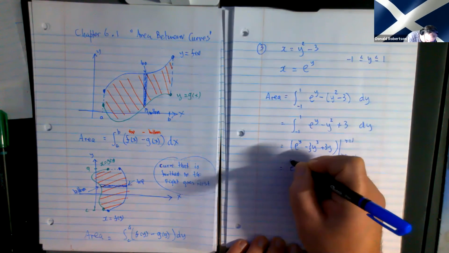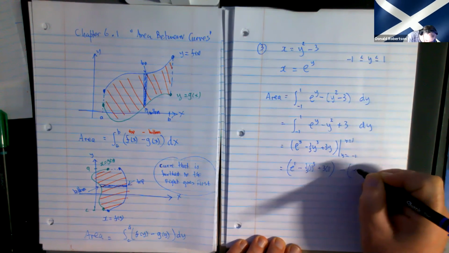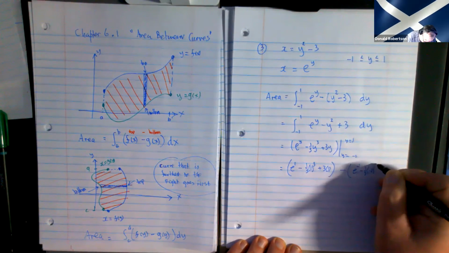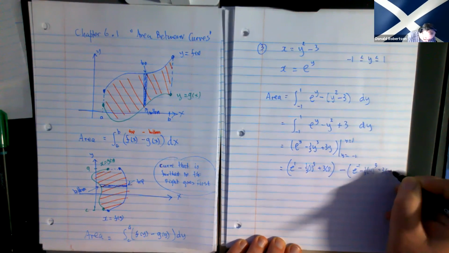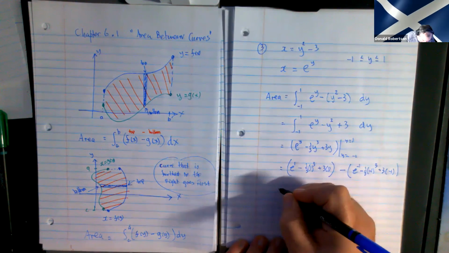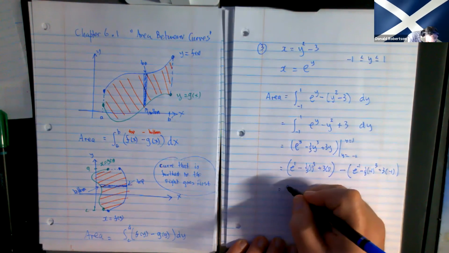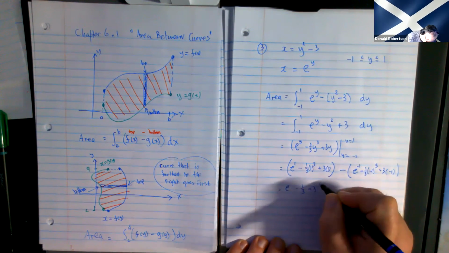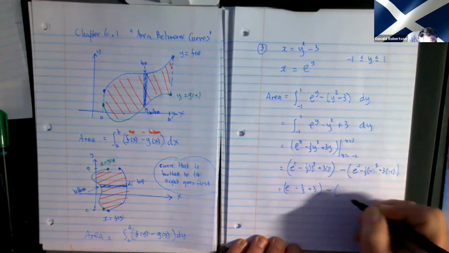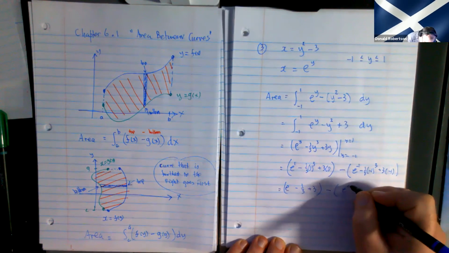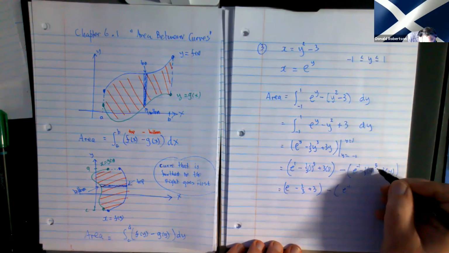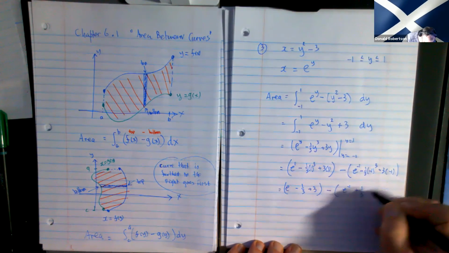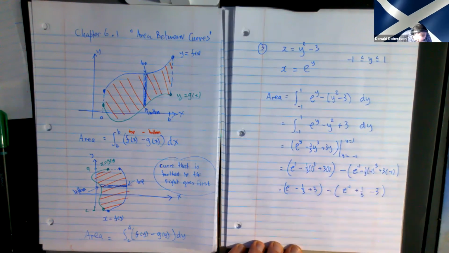So that's the first guy. Subtract e to the negative 1 minus 1/3 negative 1 cubed plus 3 lots of negative 1. E, subtract a third, add 3, take away e to the negative 1. Negative 1 cubed is negative 1, times that makes it plus a third. And negative 1 gets you that.